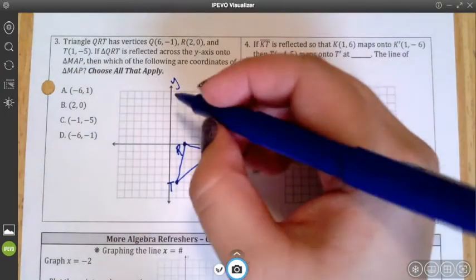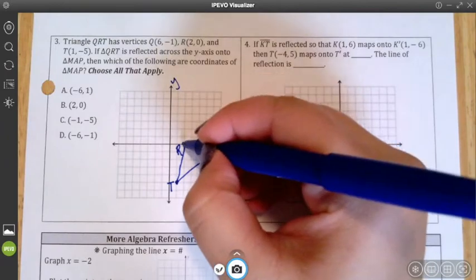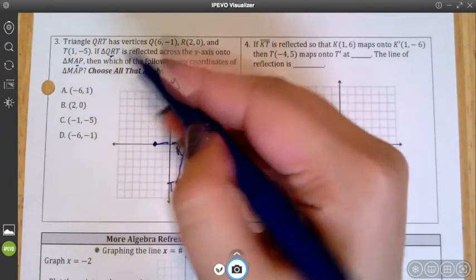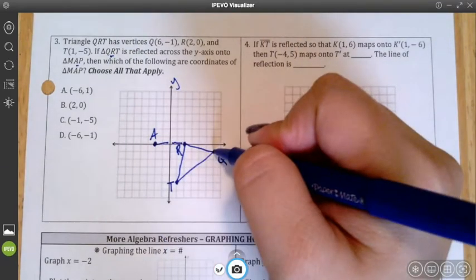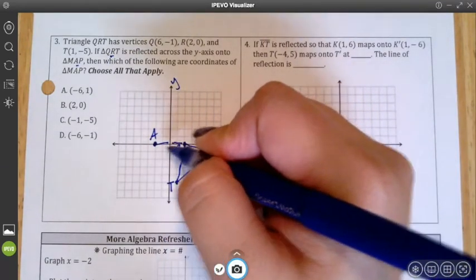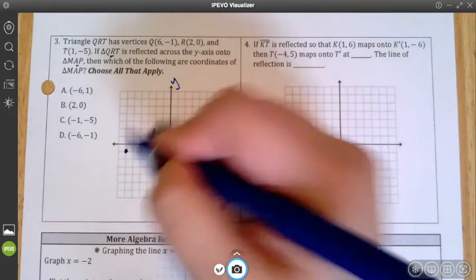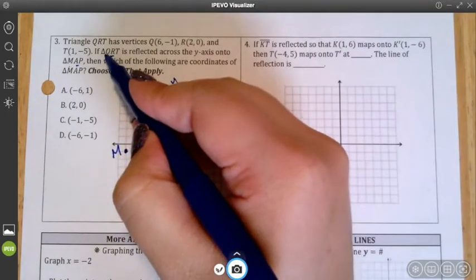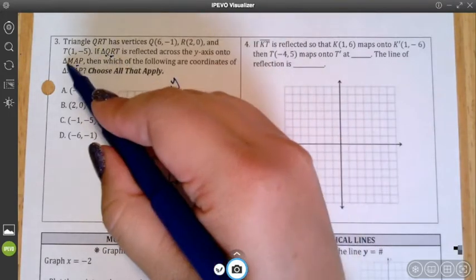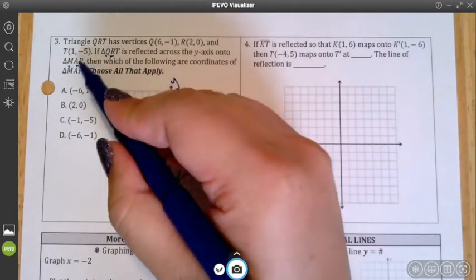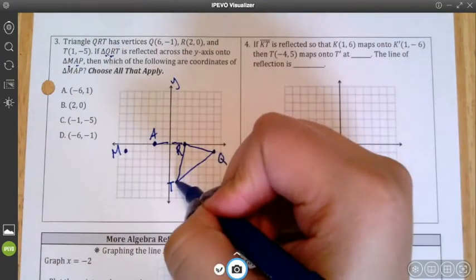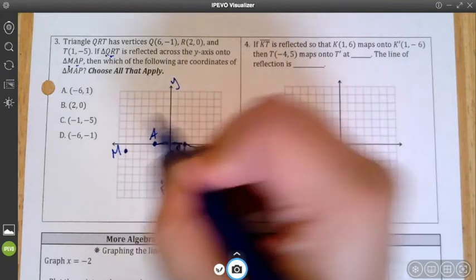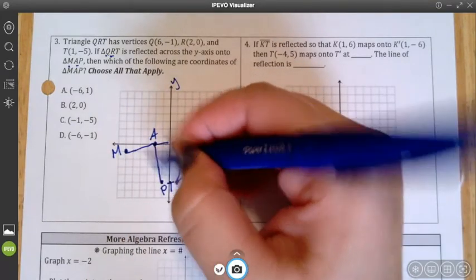So we want to reflect this across the y-axis. 2 units, 2 units. R becomes A. Q, 2, 4, 6, 2, 4, 6. Q becomes M. So just like when we were doing our similar triangles, the first letter becomes the first letter, second letter becomes the second letter, and so T, our third letter, 1, 1, becomes P. Here's our triangle.